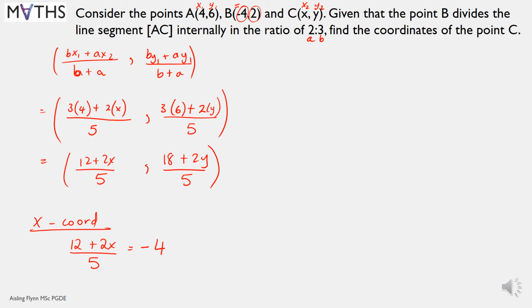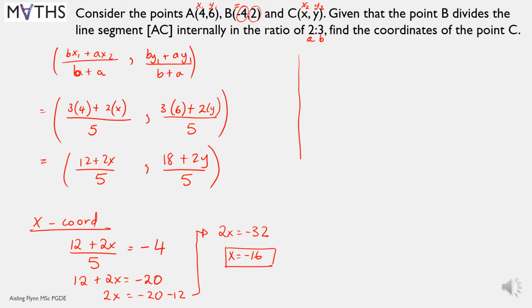We multiply both sides by 5 and we get 12 plus 2x equals -20. We take 12 from both sides and we get 2x equals -20 minus 12, so 2x equals -32. Divide both sides by 2 and I get x equals -16. Okay, that looks familiar.